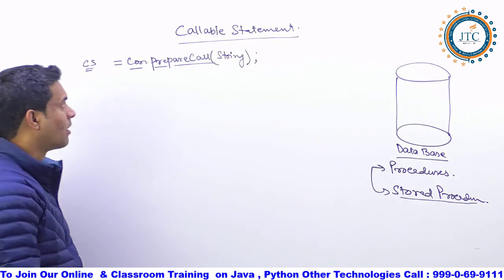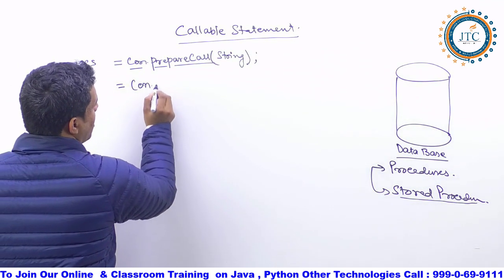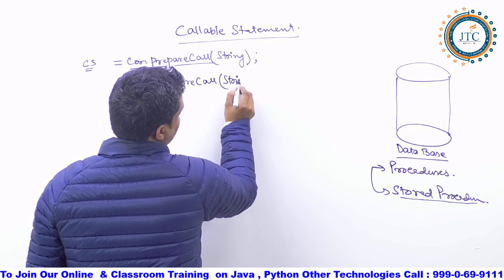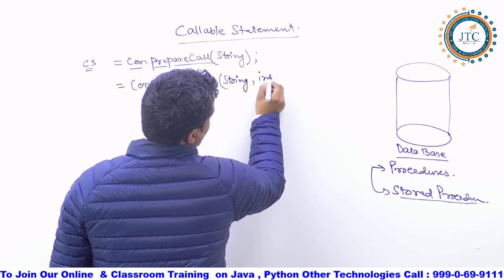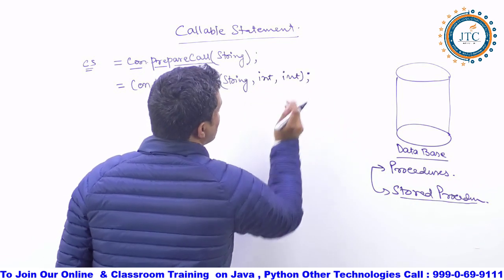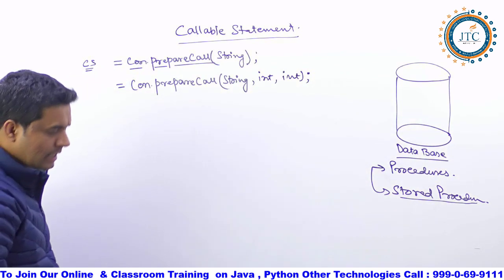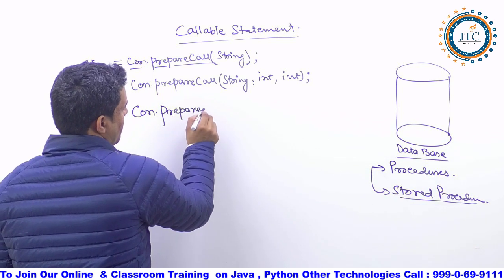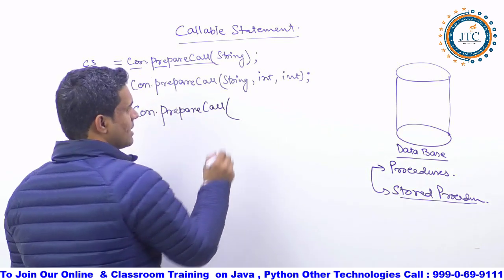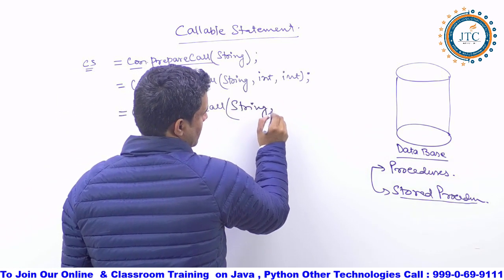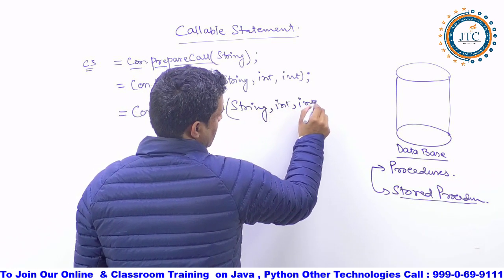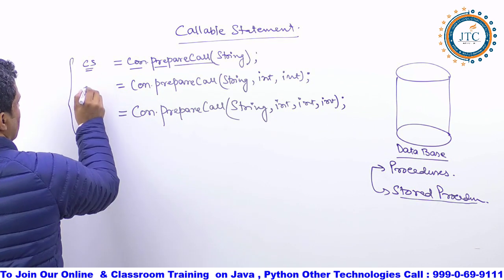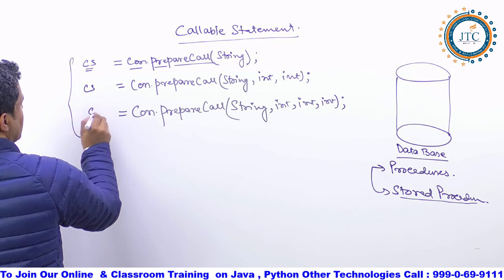Next, again we write con.prepareCall with a String and one more int, which is another parameter. And in the next scenario, con.prepareCall with int parameters as well.